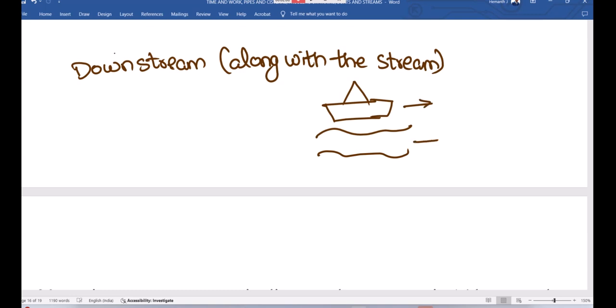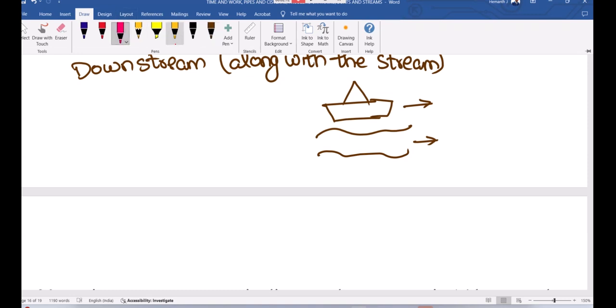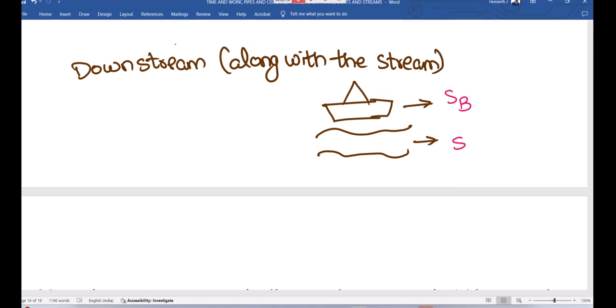You may think, from the time and distance topic, that traveling the same way means speeds must be subtracted. No, this is a different case. When you are traveling against the wind, your speed will decrease. When you are traveling along with the wind, your speed will increase. The same case here also. Both along with the water flow, speed will increase. That's why speed of downstream is SB plus SS.